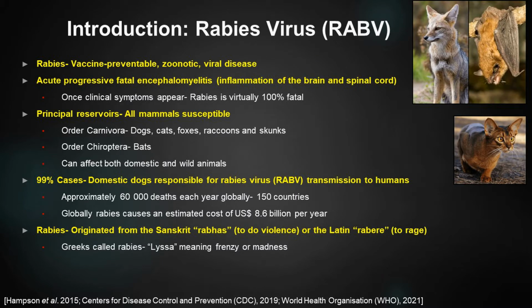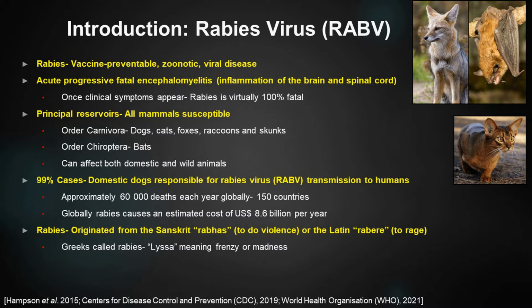Rabies is a vaccine-preventable zoonotic viral disease. It is characterized by an acute, progressive, fatal inflammation of the brain and spinal cord. Once clinical symptoms appear, rabies is virtually 100% fatal.